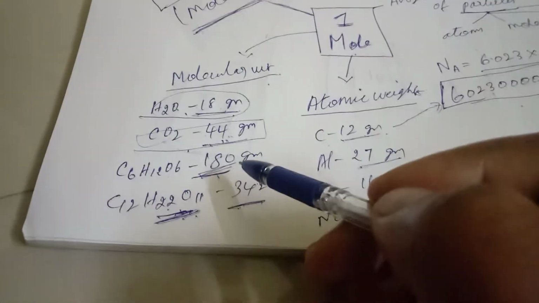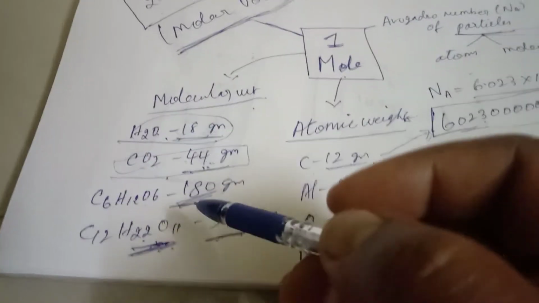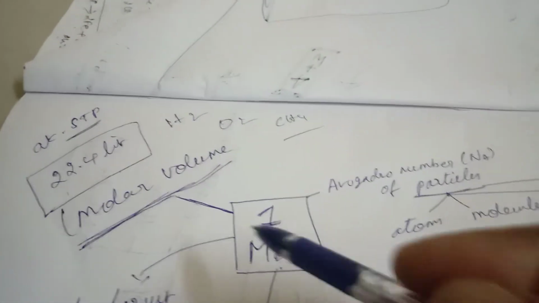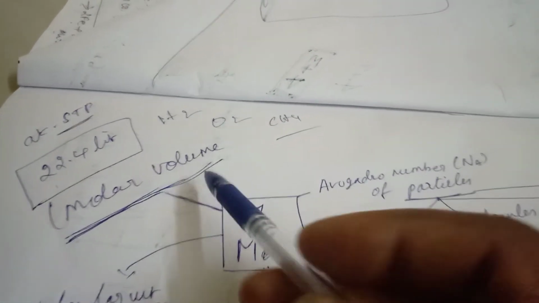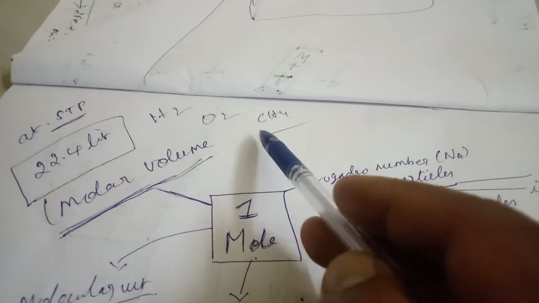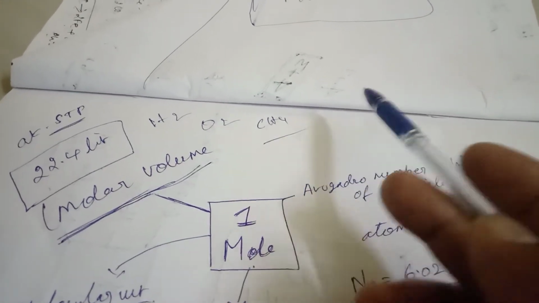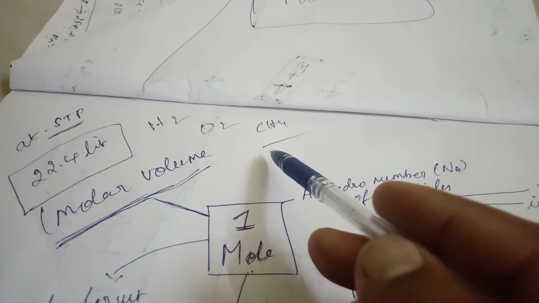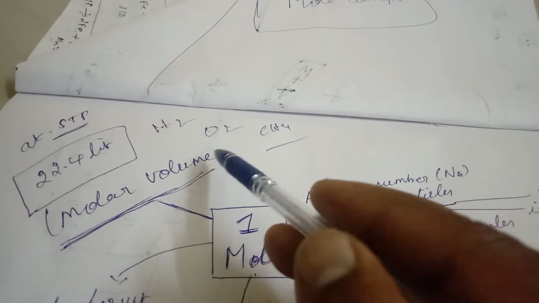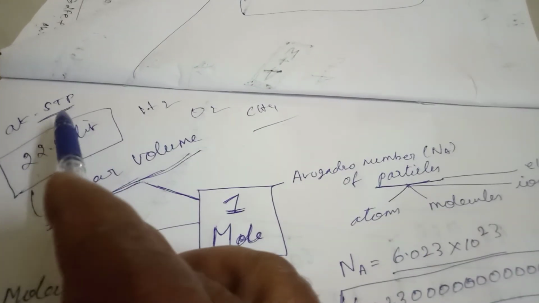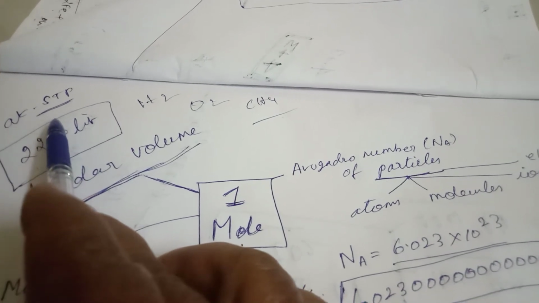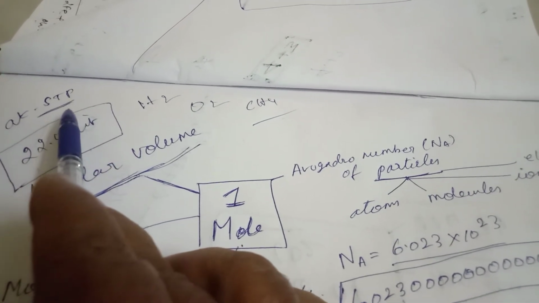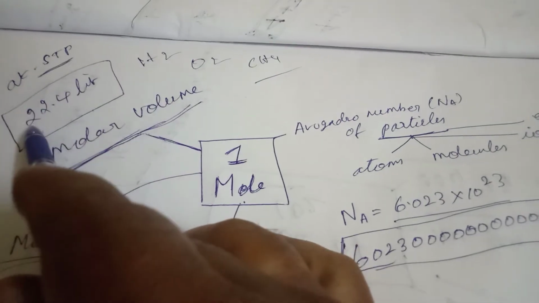Okay, then next, for any gas, the gas may be hydrogen, oxygen, methane, ammonia, like that. For any gas, 1 mole of any gas at the STP, that means at the standard temperature and pressure, the volume will be 22.4 liter.